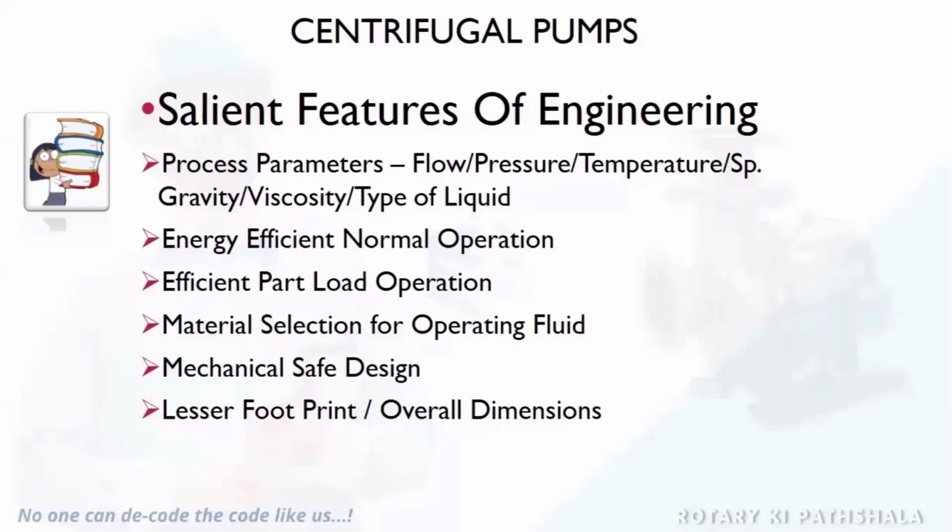Once the overall dimensions are small, from the civil point of view the land excavation or civil foundation will also be smaller. So we always prefer to keep the overall dimensions under control. These are the basic parameters which we take care of during the engineering activities.